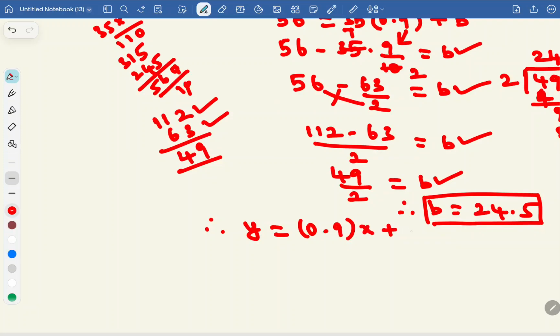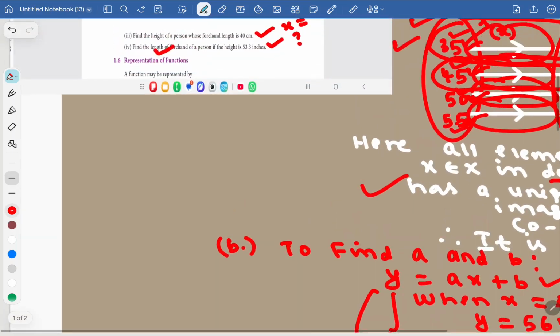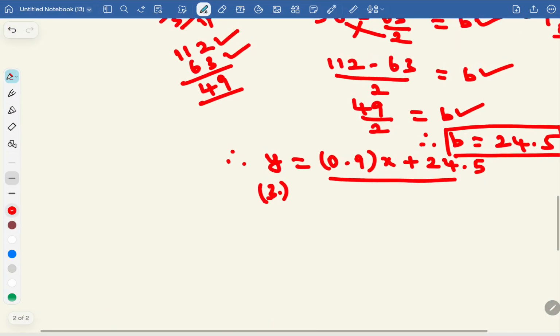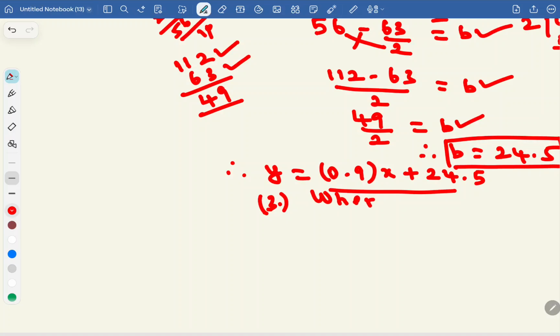So 0.9x plus b. What is b? 24.5. From this relation, I am going to find the value for the third subdivision. When x is 40, we have to find y.